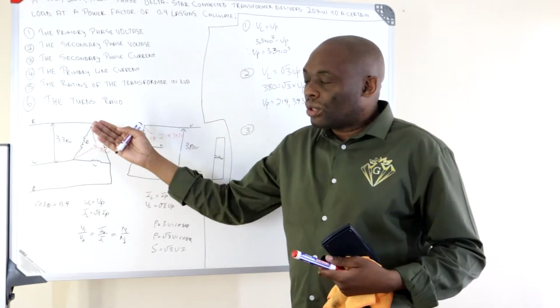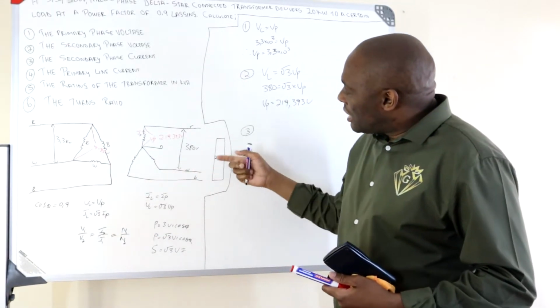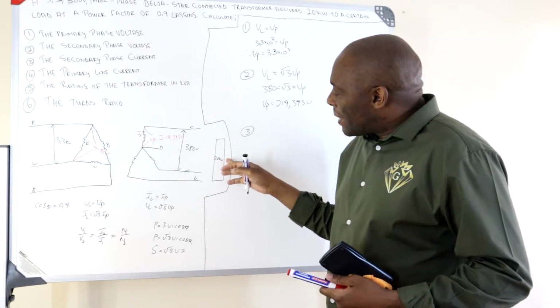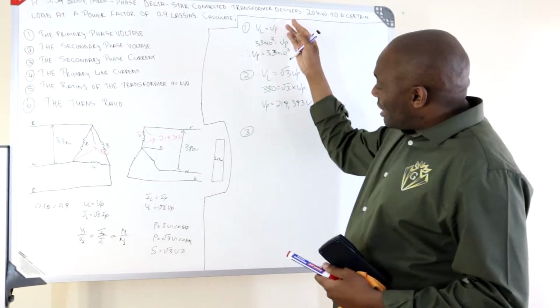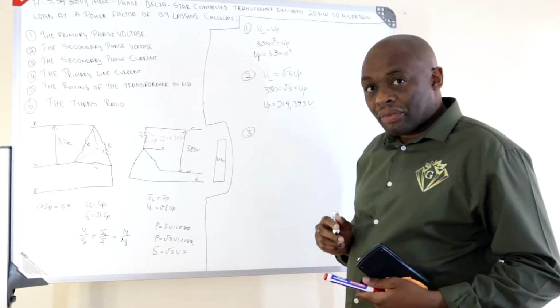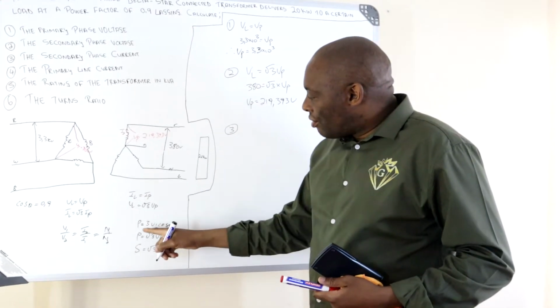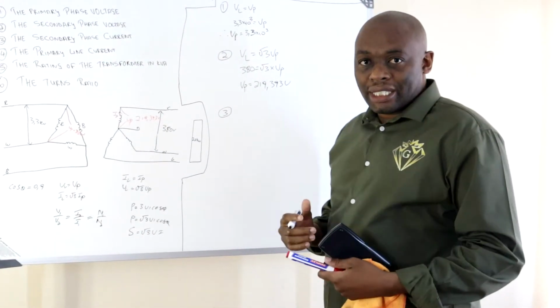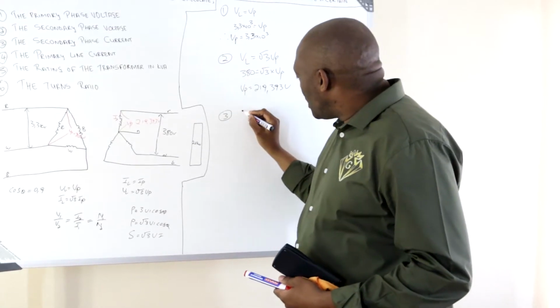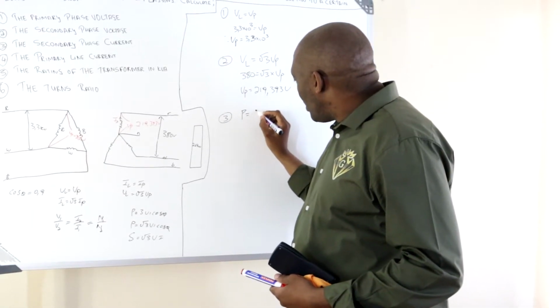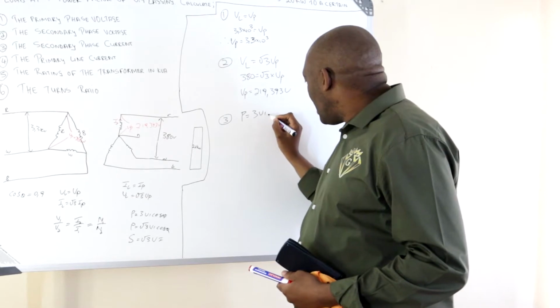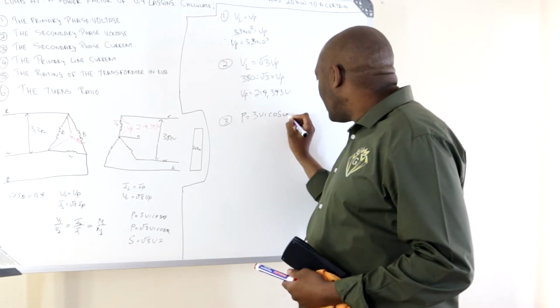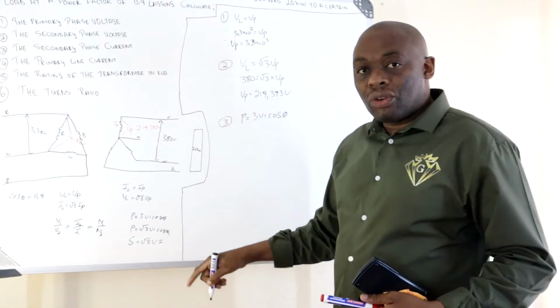We don't have those voltages, but we can see here that the transformer delivers 20 kilowatts. Therefore, we can use the formula of the kilowatts on the secondary side, which is P is equal to 3 V I cos phi.